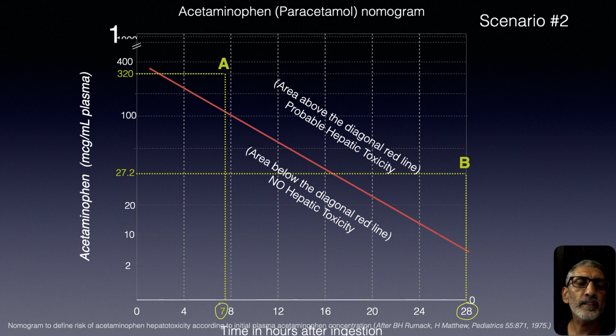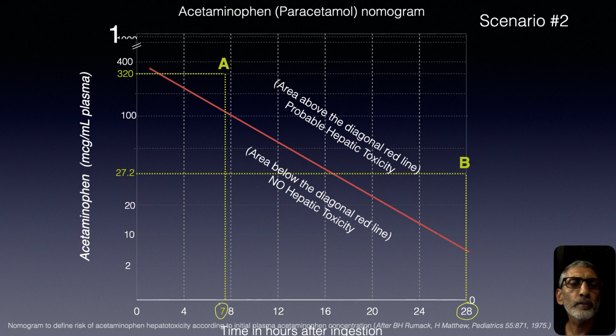If you plot it, that's represented as point A. The second time, they drew the acetaminophen around 28 hours post ingestion and it came out 27.2, which represents point B. Now look at points A and B: they are both above the red line, in the area of probable hepatic toxicity. So this patient should also be getting treatment. They should be treated with acetadote and N-acetylcysteine.